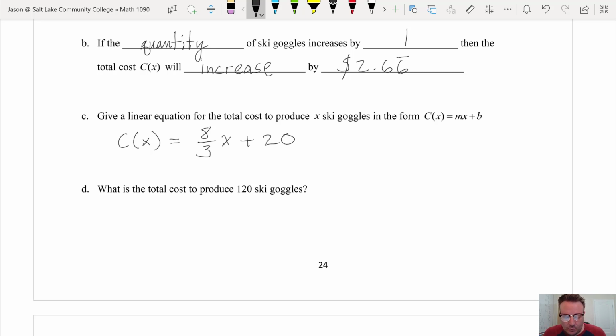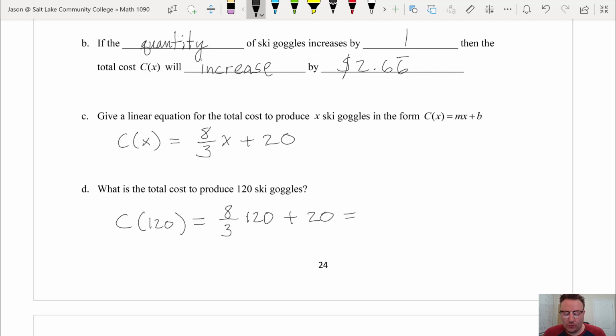Okay, part D. What is the total cost to produce 120 ski goggles? So that's what our cost function is for, computing total cost. So we want to compute C of 120, in other words, evaluate this function at a production level of 120 goggles. So we bind the value 120 to the symbol X and then evaluate. 8/3 times 120, well, 3 goes into 120 40 times.